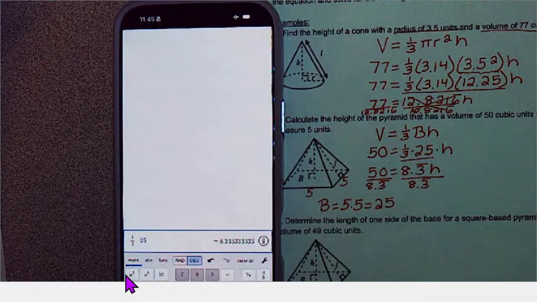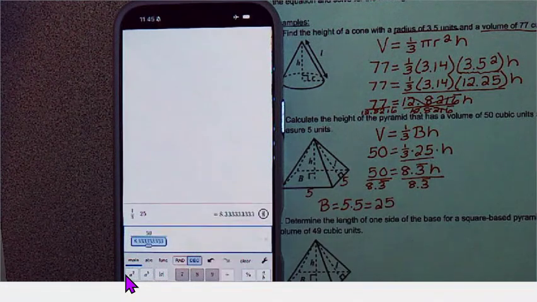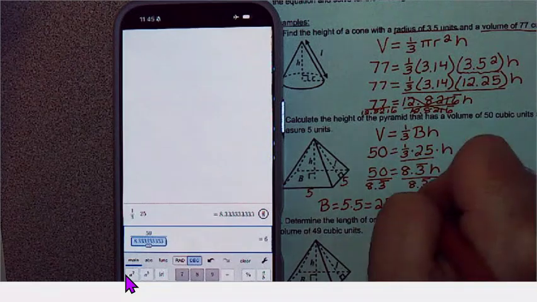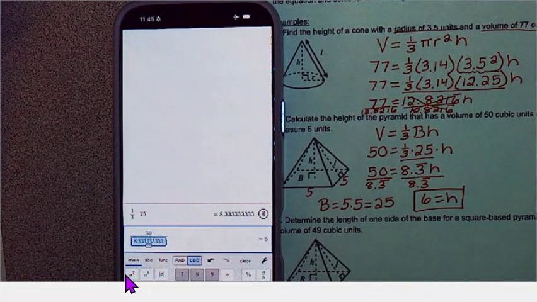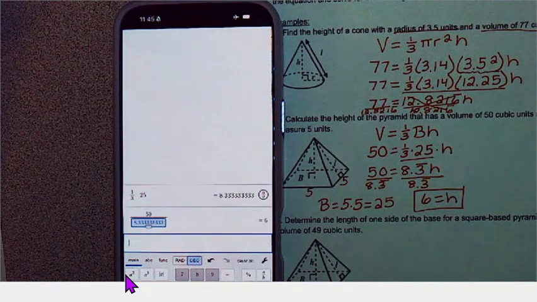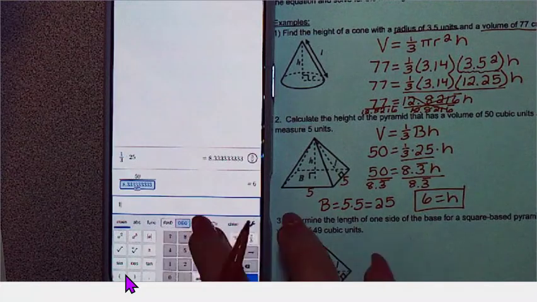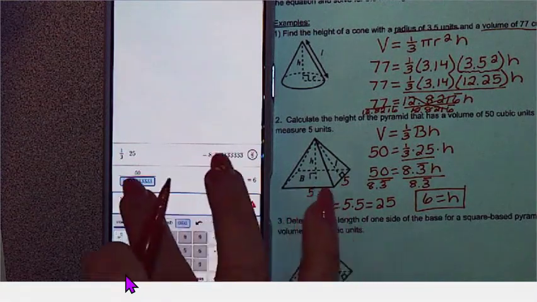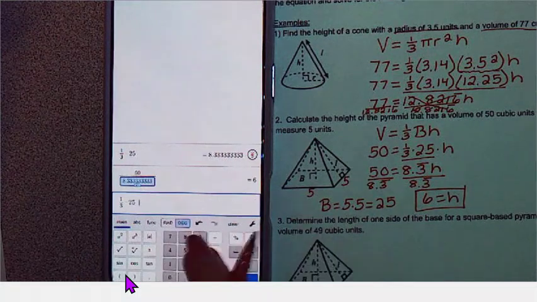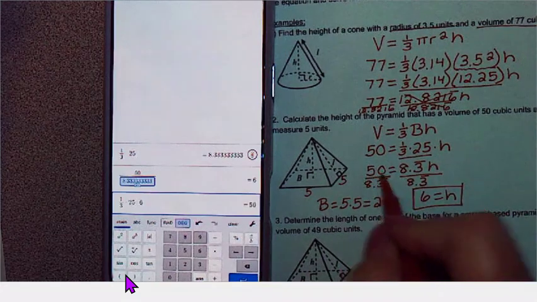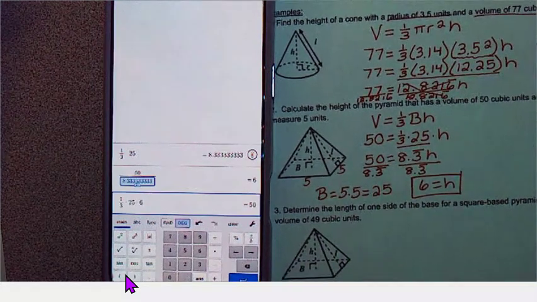So I would say 50 divided by my answer gives me a height equaling 6 exactly. And again, I could plug it back in. 1/3 times my 25 times my 6 gives me a volume of 50, which is what I want.